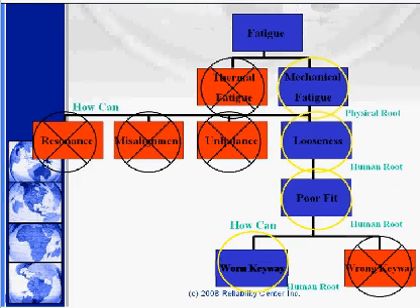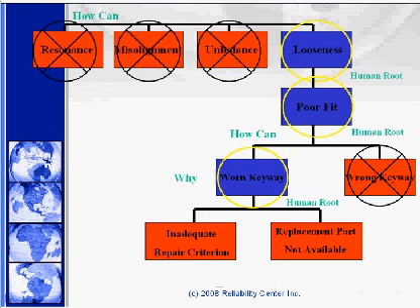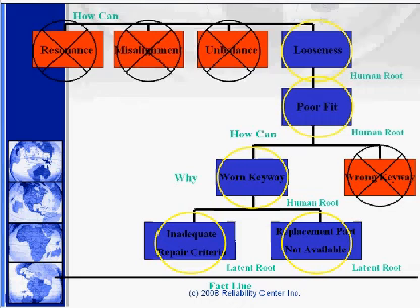A worn keyway is still a human root, so in the class we'll focus and tie into the method and still try to come up with the latent roots. In this case, the customer was able to confirm that inadequate repair criteria and the replacement parts not being available were both issues and contributing latent roots to the failure. We always write recommendations to address latent roots and not human roots.